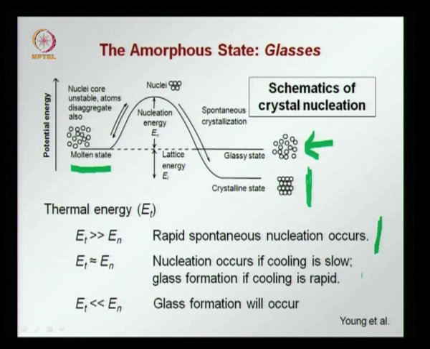If the thermal energy is much less than the nucleation energy, only a glass will form. Okay. So basically what we have to remember is that there is necessity of a certain thermal energy to have nucleation which is required for crystal formation, and if the cooling is very fast, there is a higher tendency for a glass to be formed and amorphous structure to be formed.